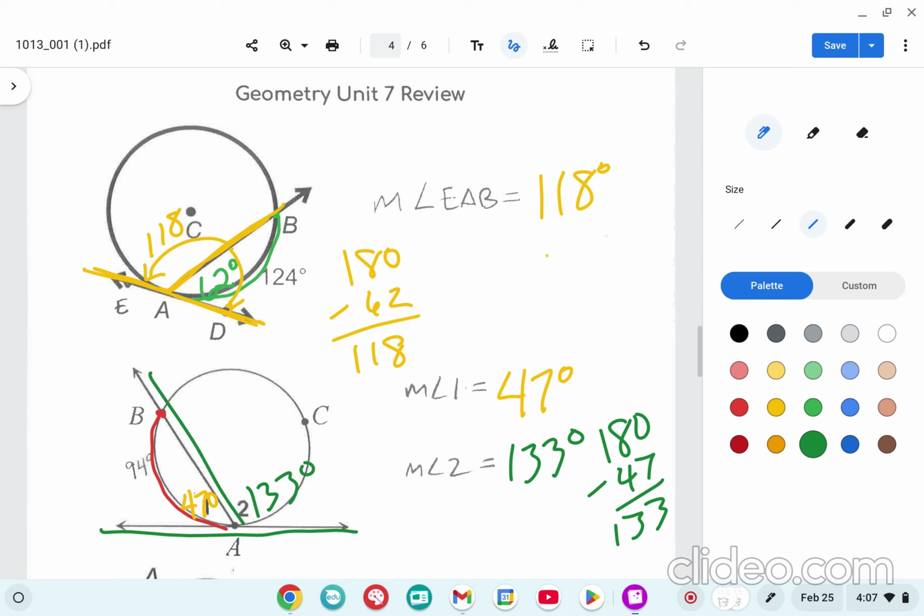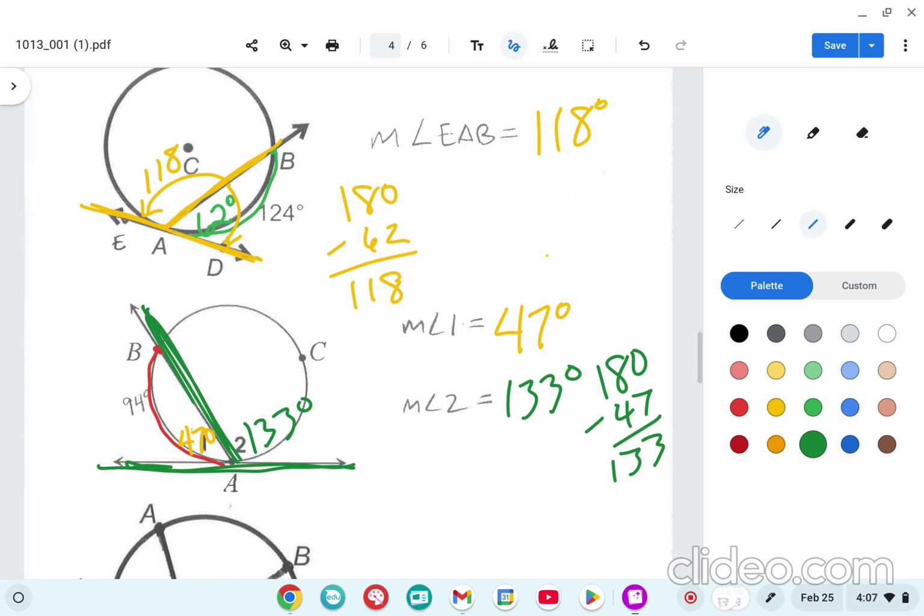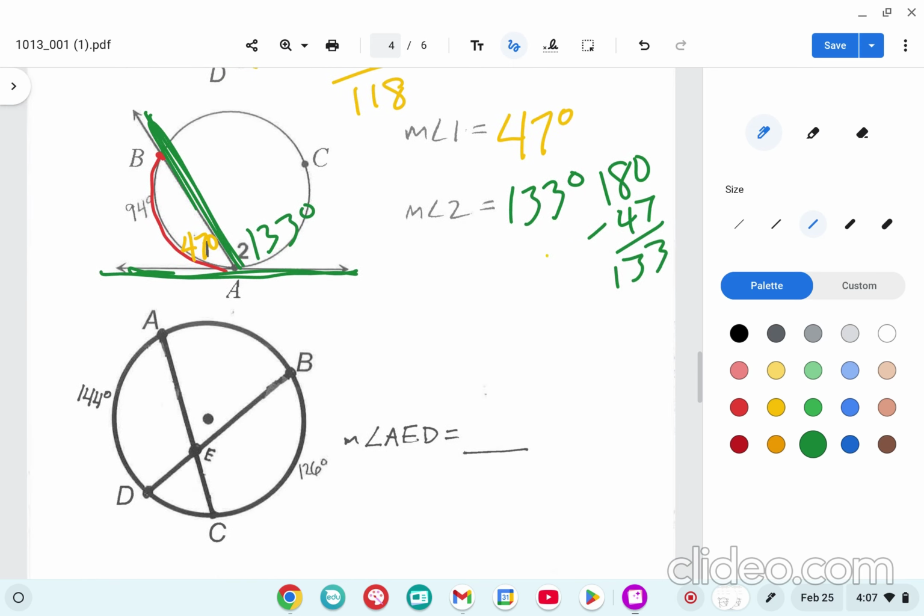All right, then we look at the bottom. These are intersecting secants. This one's just that the angles that make up these two arcs, 144 and 126, you add them together and divide by 2. It's the average of those two arcs, 144, the arc AD, and arc BC, which is 126.